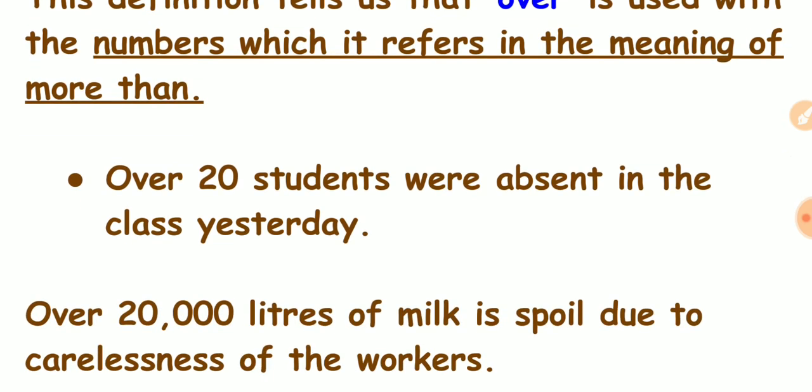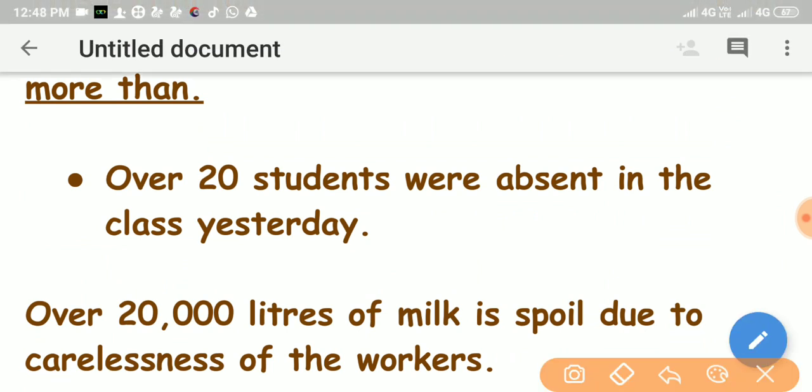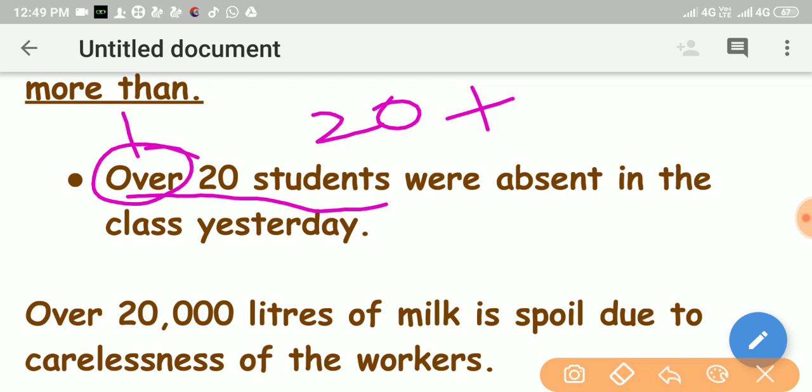For example, over 20 students means 20 plus students, I mean more than 20 students. The meaning of over here is more than. I mean more than 20 students were absent in the class yesterday.